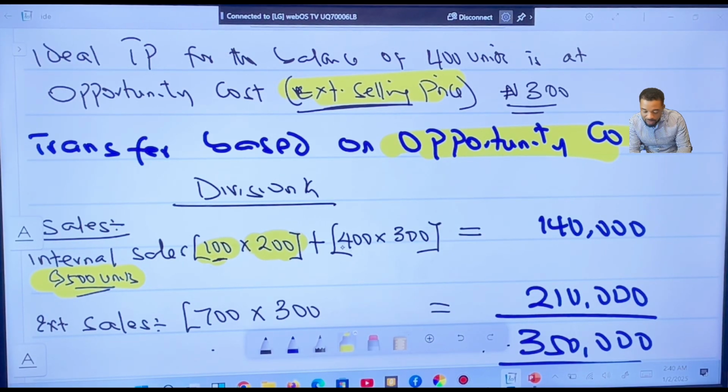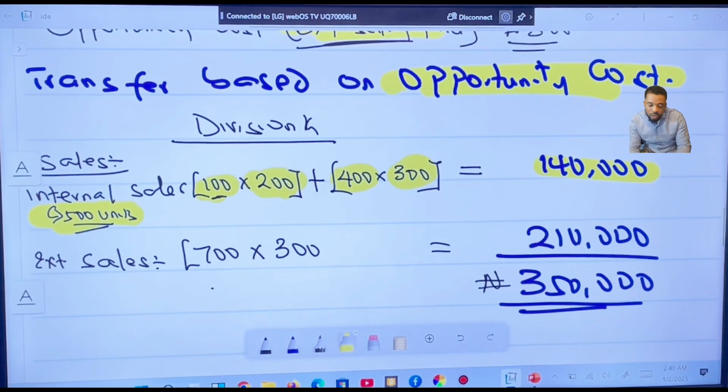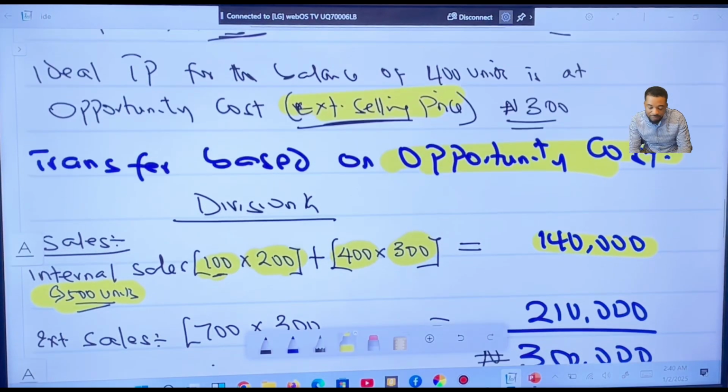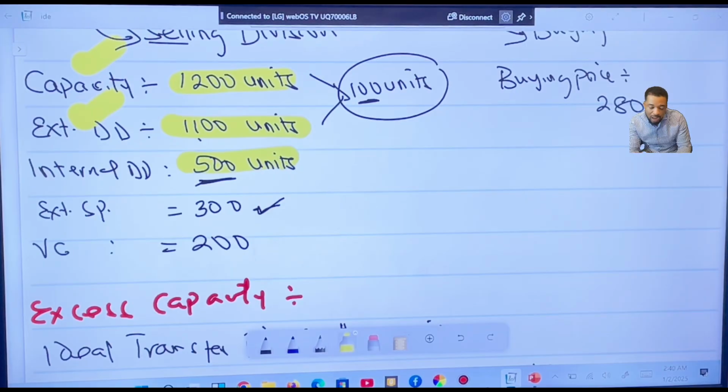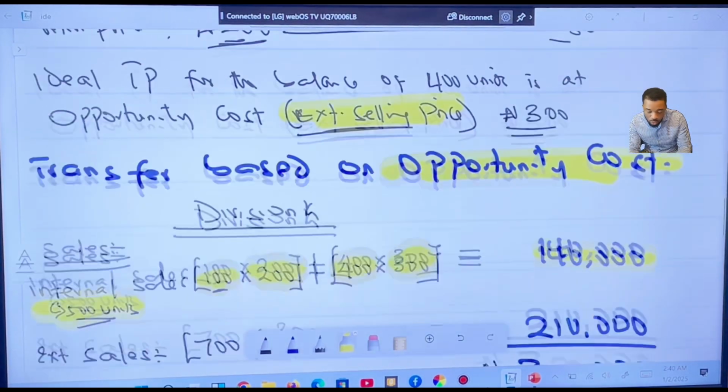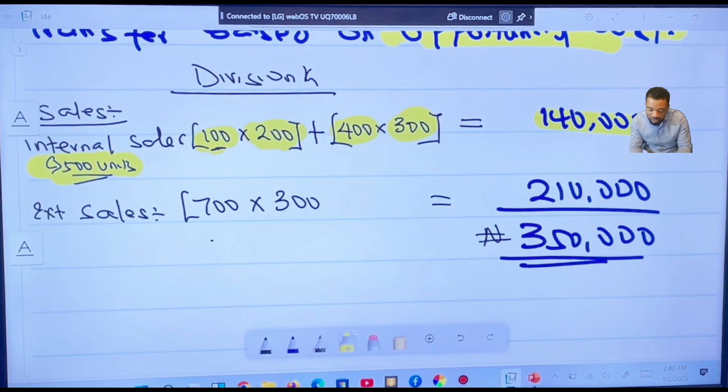To make up this 500, I need 400 more multiplied by the external selling price, and that gives me 120,000, so 140,000 altogether. The amount that goes into external sales is the difference between what you have given to internal in total, which is this 500, and the total capacity. So if I take 500 out of 1,200 units, that should give me 700.